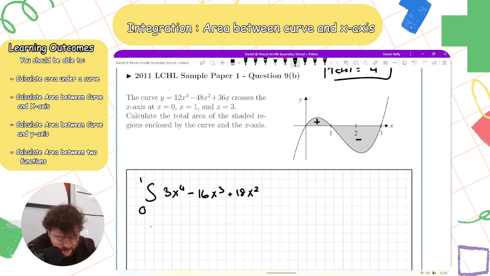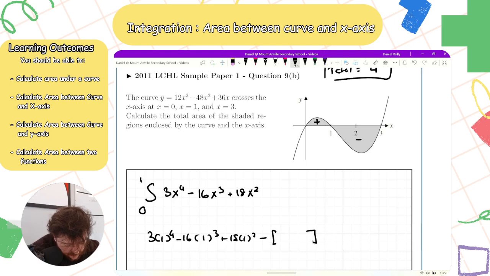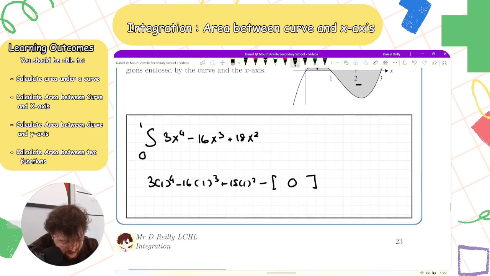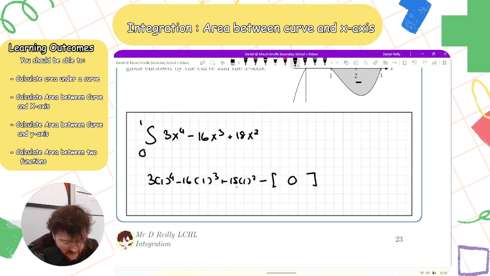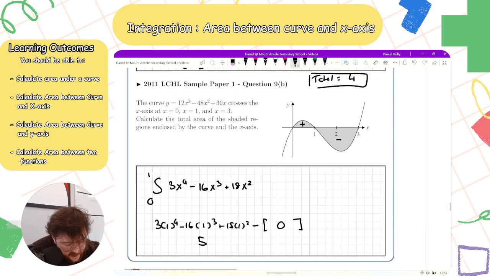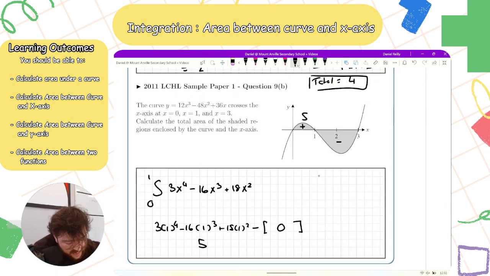Sub that in: 3 times 1 to the power 4 minus 16 times 1 to the power 3 plus 18 times 1 squared. Substituting in 0 just goes to 0. So it'll be 3 minus 16 plus 18, so the answer here will be 5 for the first area.